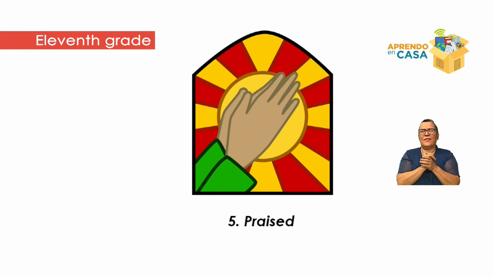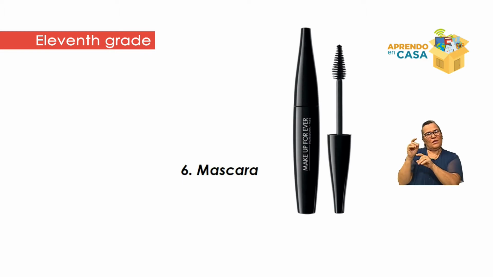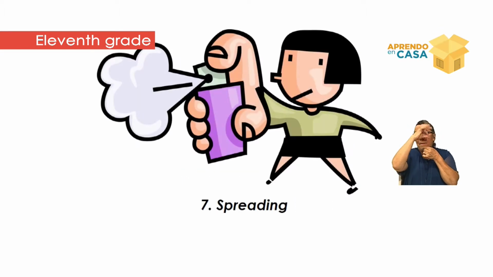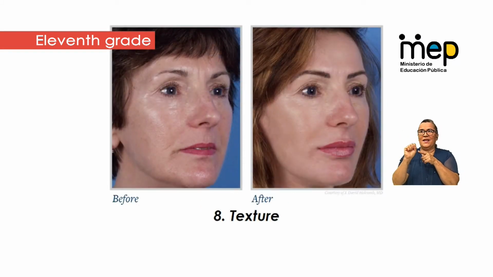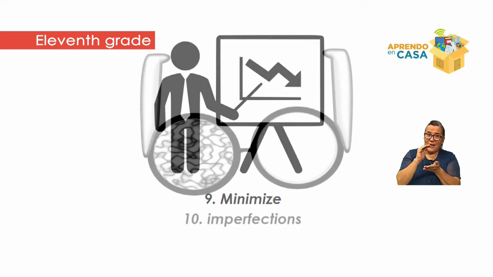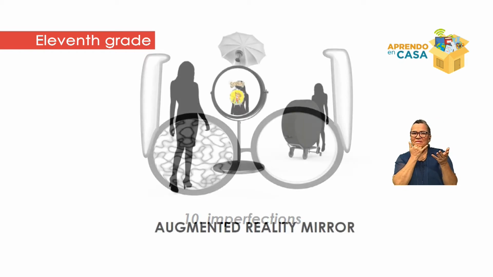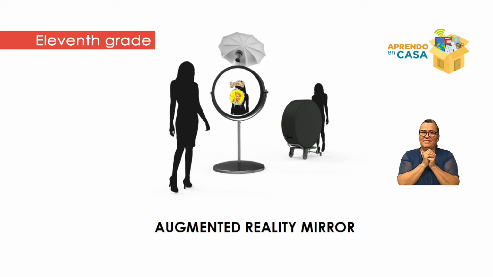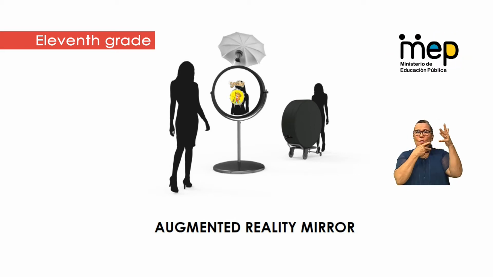Praise, when we want to ask for something. Mascara. Spreading. Texture. Minimize. Imperfections. Okay, now you see this vocabulary has to do with the reading we're going to do today.